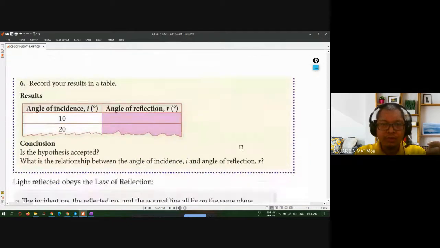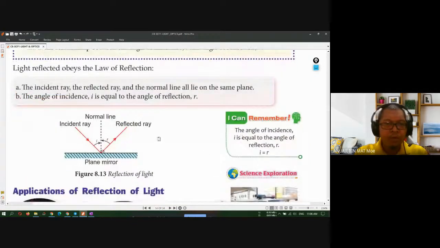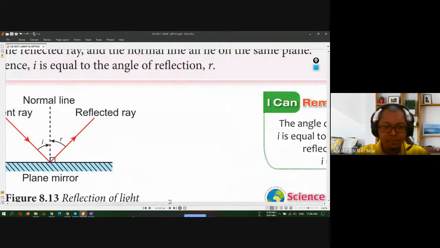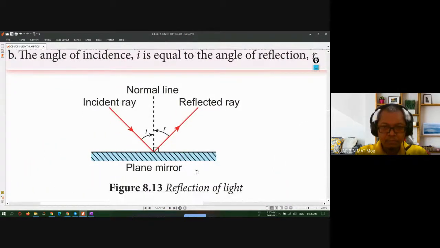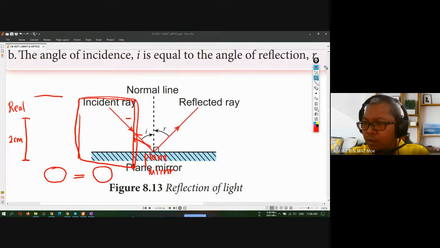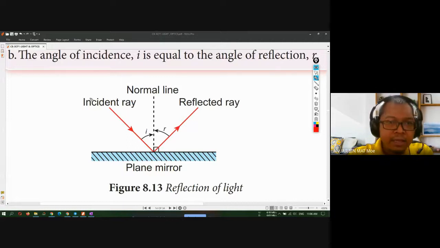So I will show you some image over here. This is how we draw an angle of incident and an angle of reflection. Angle of incident is always like this. Incident ray is the source of light.